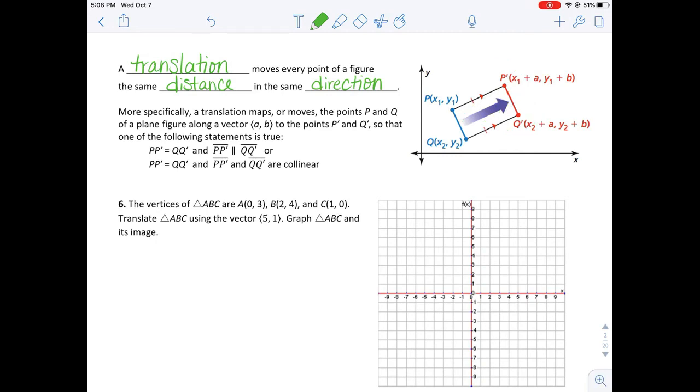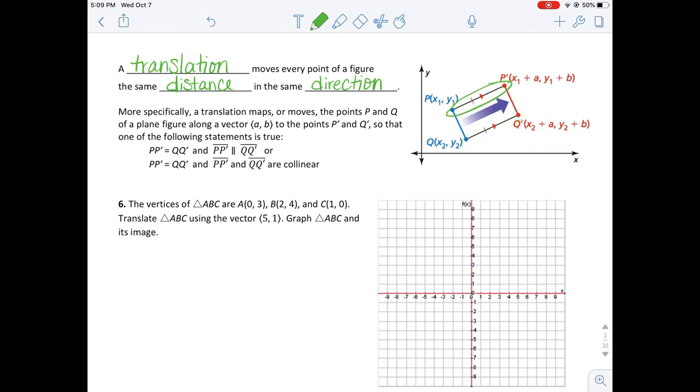Okay, so our points P and Q form the segment PQ. They've moved along this vector. This vector has led us to our red image, the segment P prime, Q prime. So they tell us here that two things have to be true. The distance and direction they move here, this black line has some notations on it.